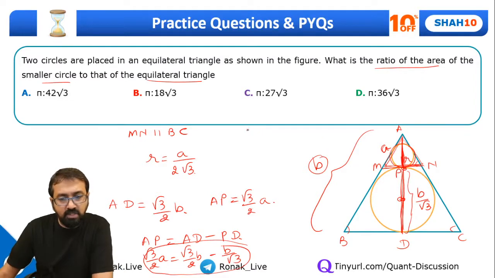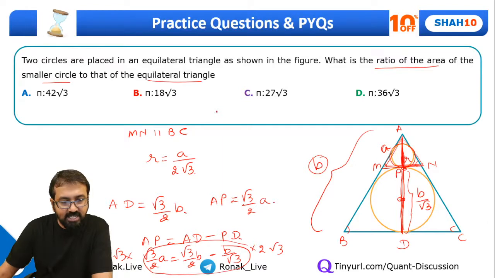If I just solve it, let me multiply the complete equation on both sides by 2 root 3. So what will I get? This 2 will get cancelled off.